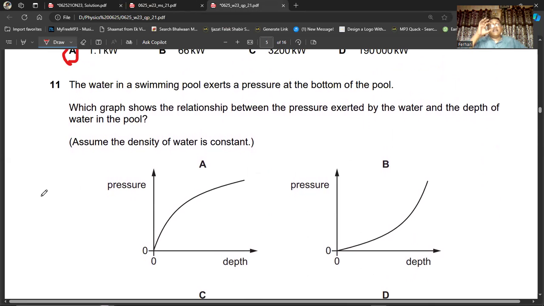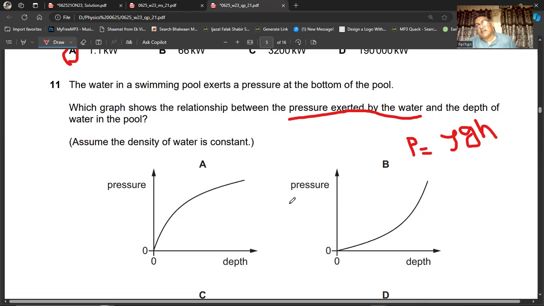The water in a swimming pool exerts a pressure at the bottom of the pool. Which graph shows the relationship between the pressure exerted by the water? So they are talking about the pressure exerted by the water and the depth of the water in the pool. You know, the formula for the pressure due to the liquid is rho, g, and h.